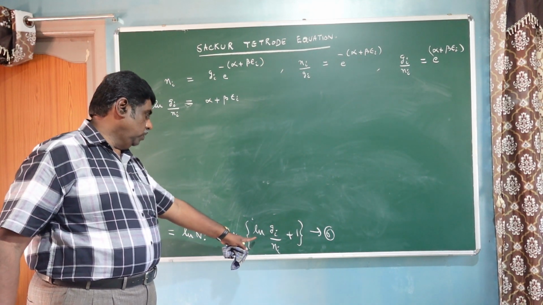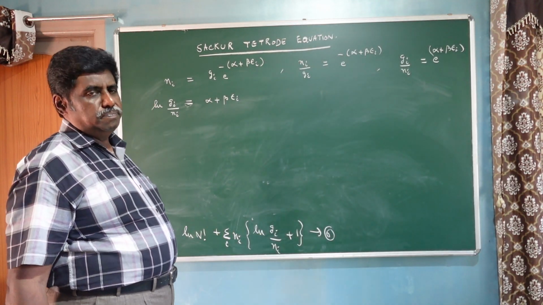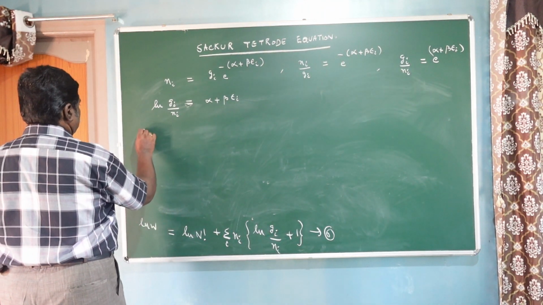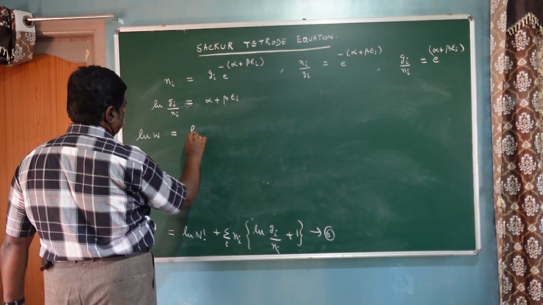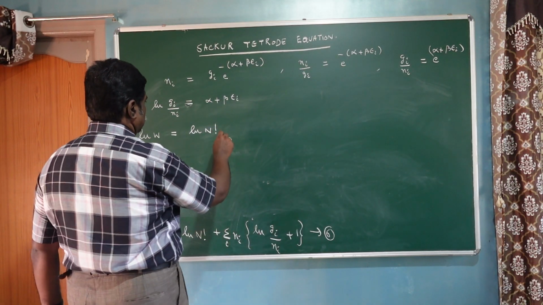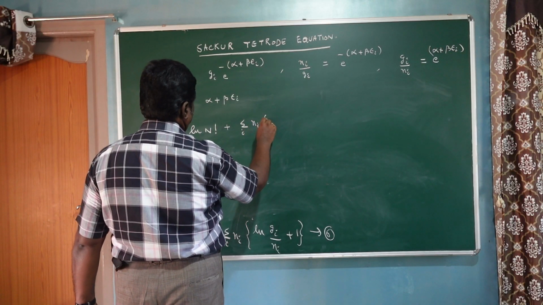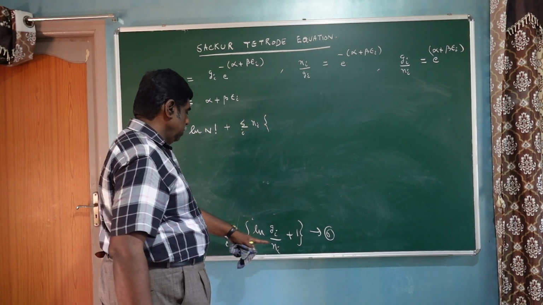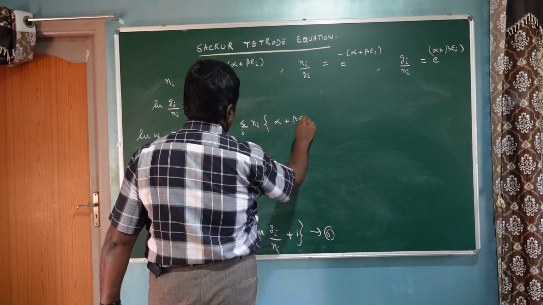Now we have to substitute the value of ln Gi by Ni in equation 6. ln W is equal to ln N factorial plus summation over i of Ni. Then instead of ln Gi by Ni, we have to substitute alpha plus beta Ei.